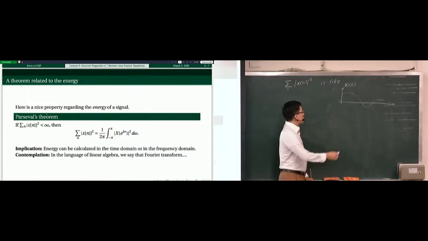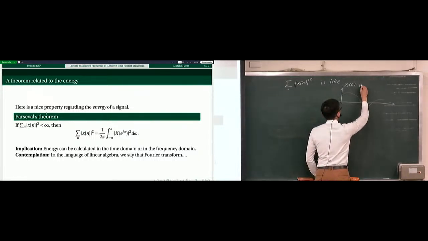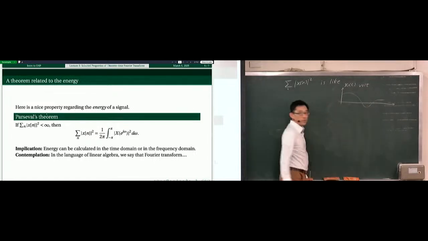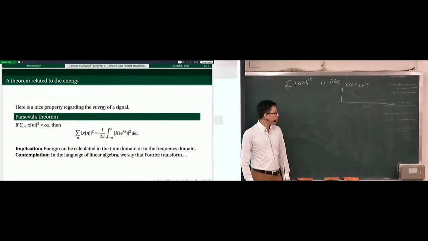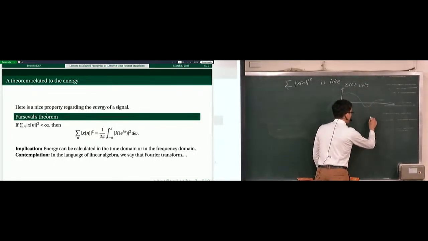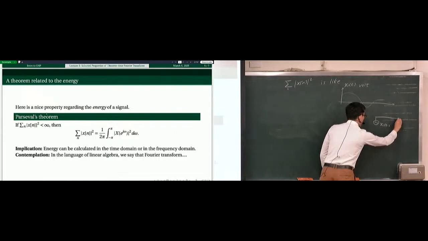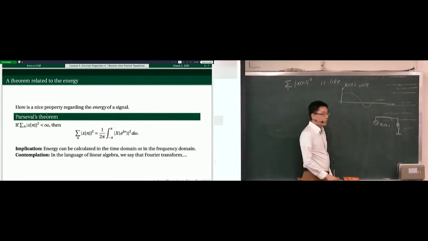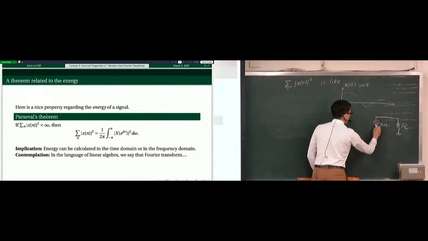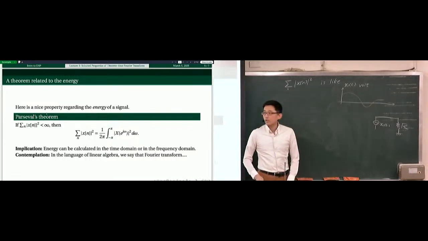And the unit might be volt. Let's say we just simply think of this as if it will go through a load of resistor, which has a resistance R, right? So if this is a voltage across a resistance, then what's the total energy dissipation?